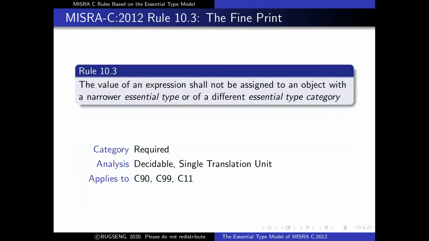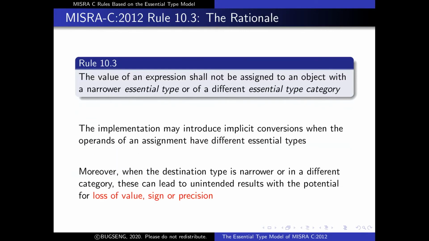Rule 10.3, the value of an expression shall not be assigned to an object with a narrower essential type or of a different essential type category. The reason is implicit conversions. These implicit conversions are often not well understood by programmers, so what happens may not be what the programmer wants.